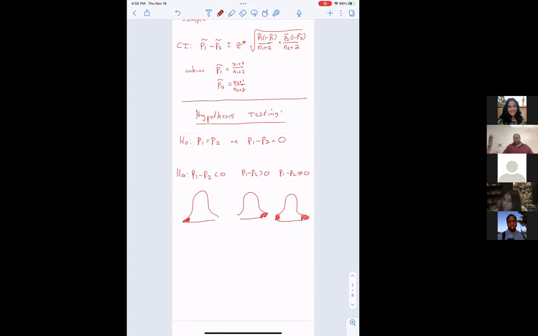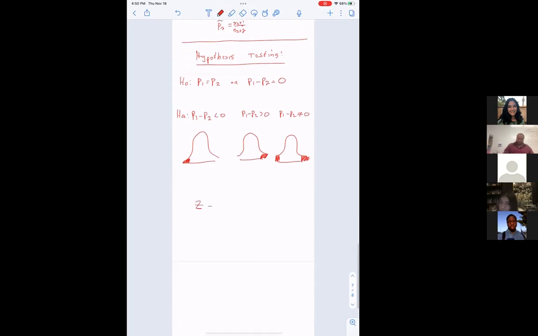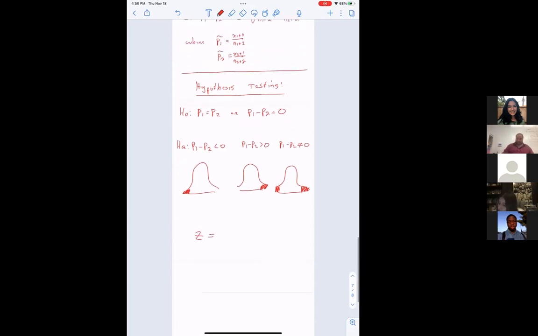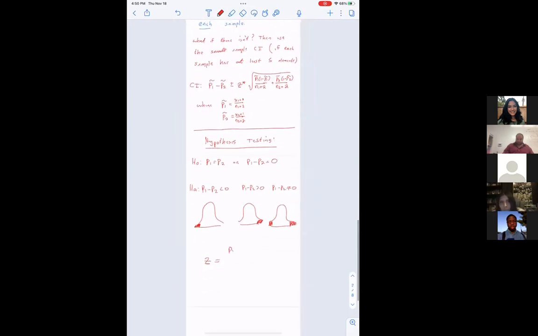Of course, your calculator does most of the work here. So what we do is compute our Z statistic, which you can kind of see from the confidence interval is P1 hat minus P2 hat, minus the assumed P1 minus P2, which is 0 if the null hypothesis is true, divided by, now it's kind of interesting.